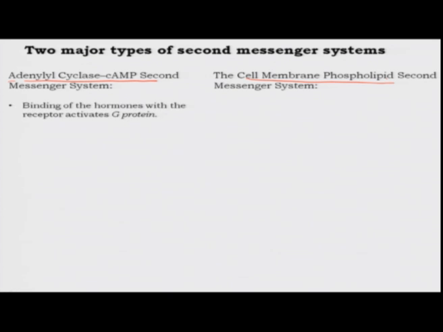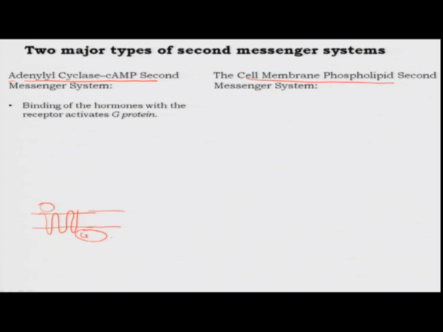The binding of the hormone with the receptor in this case actually activates what is known as a G protein. So, if this is the membrane bound receptor, usually the ligand, the hormone, comes and binds to this receptor. This membrane bound receptor is associated with a G protein.